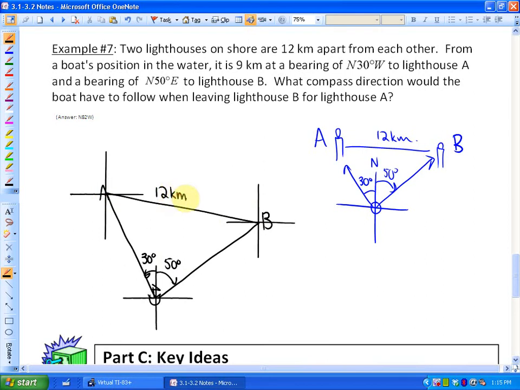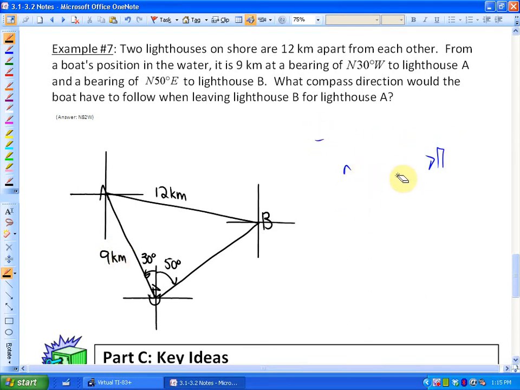So 12 kilometers between the lighthouses, and the other direction that we have is that it is 9 kilometers from the boat to lighthouse A. So that looks like all the distances and measurements that we have at this point in time. So what we're trying to do next says, what compass direction would the boat have to follow when leaving lighthouse B for lighthouse A?